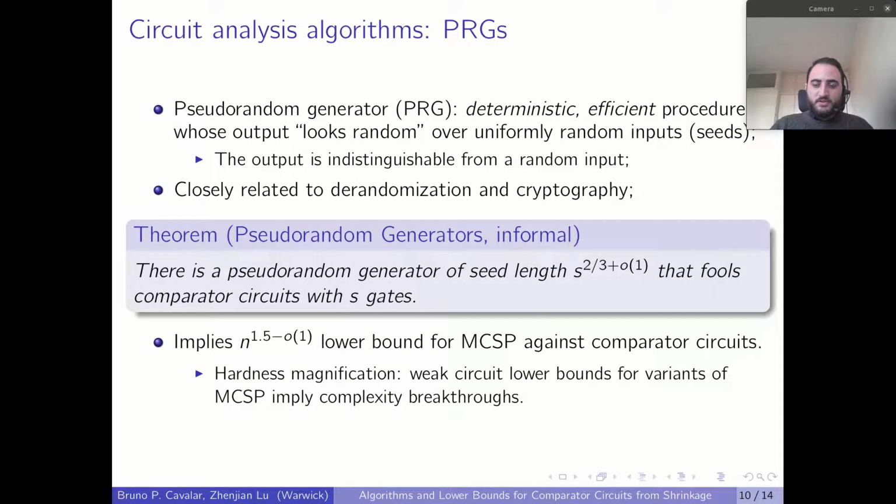the minimal circuit size problem. It's the problem of deciding, given a truth table of a function, whether it can be computed by a small circuit or not.